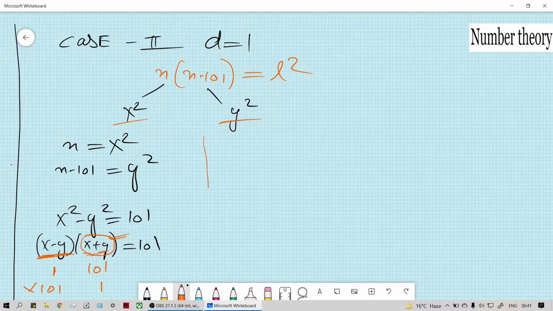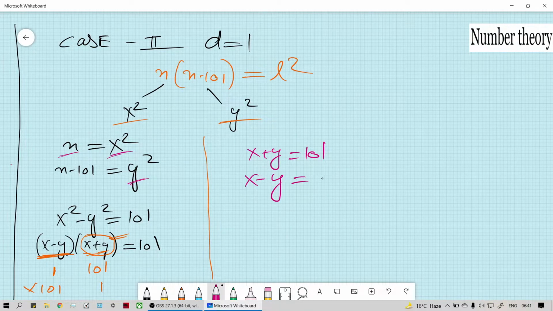From here we get x plus y is 101, and we will not take those negative cases, because we are taking x and y to be positive. It doesn't matter whether x and y are negative, we will still get n as a positive quantity. So from here we get x minus y is 1.